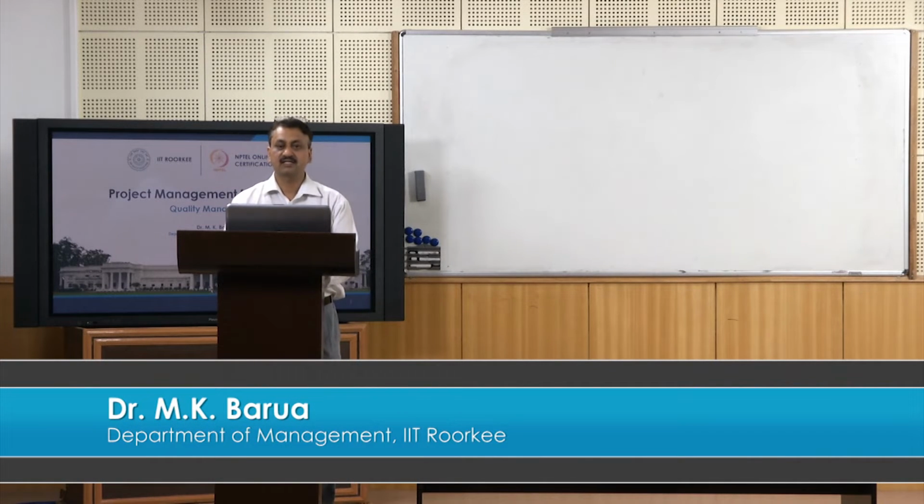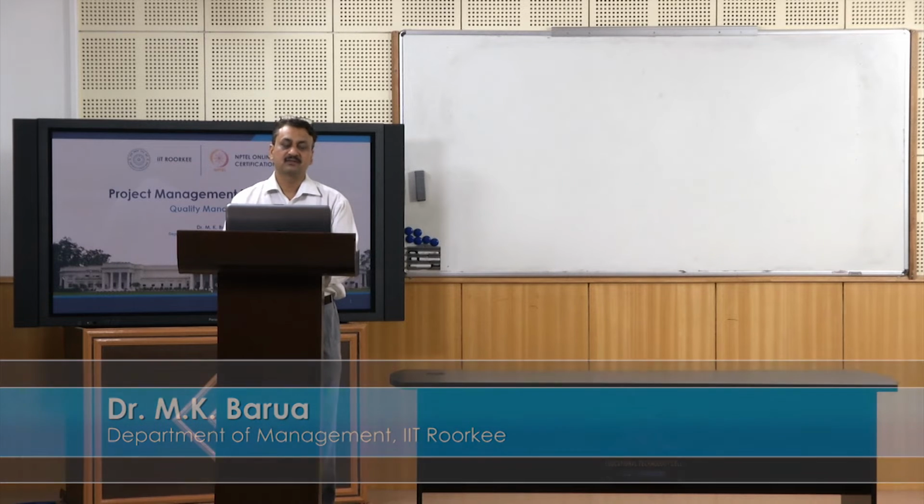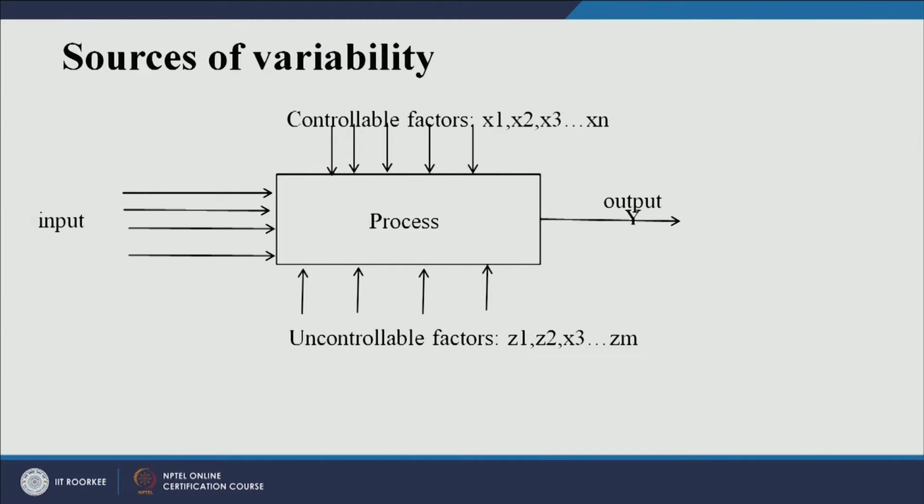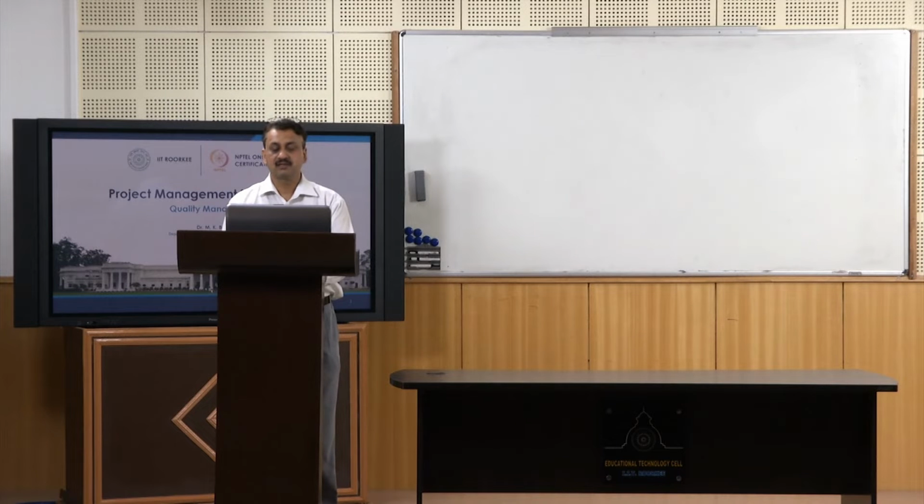You can have internal and external reasons, you can have chance causes and assignable causes, right? We will see these 2 causes in detail. If you have certain inputs in your process, then you will have these outputs. These are different outputs, and output can be a product, can be a service. You can have a byproduct, you can have waste, and you can have some learning, right? So, learning is also possible.